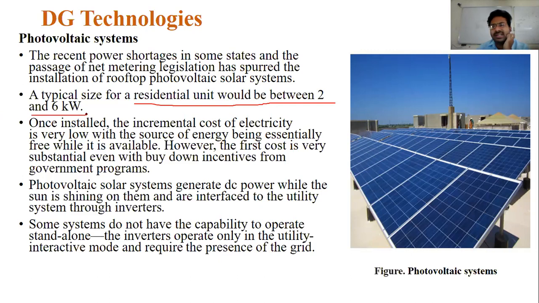Before installation, the installing cost is very high. But once installed, the incremental cost of electricity is very low because of using net metering technology. What is this net metering technology? It is very simple. Net metering calculates how much power you generate using the solar cells and give to the grid, and at the same time how much power you use from the grid.